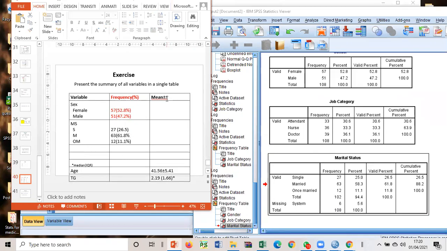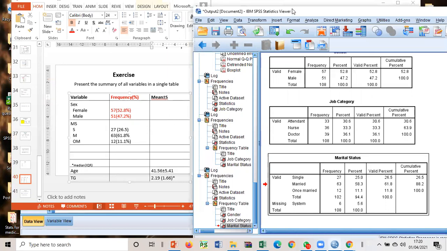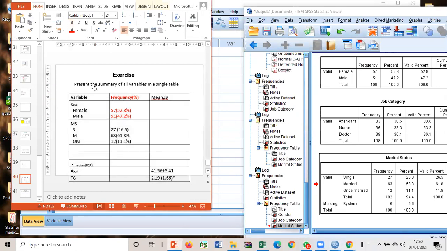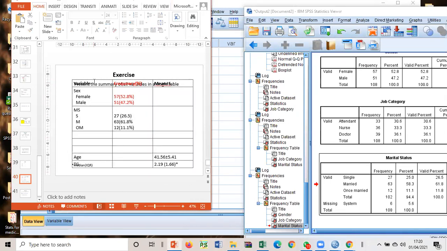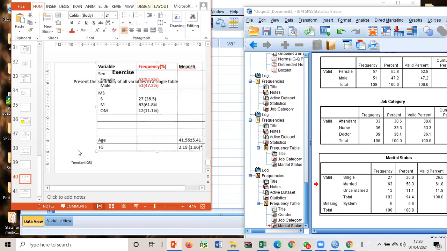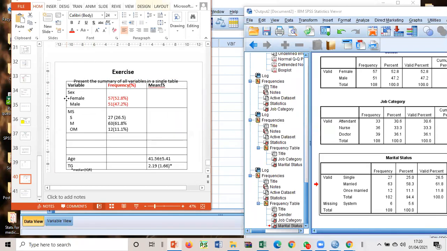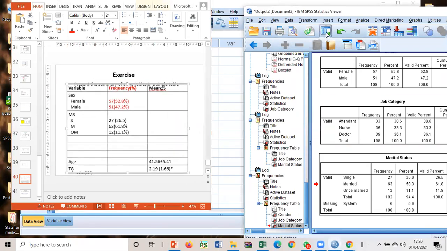On the other side, means. So now, let's say I go back to the age variable.